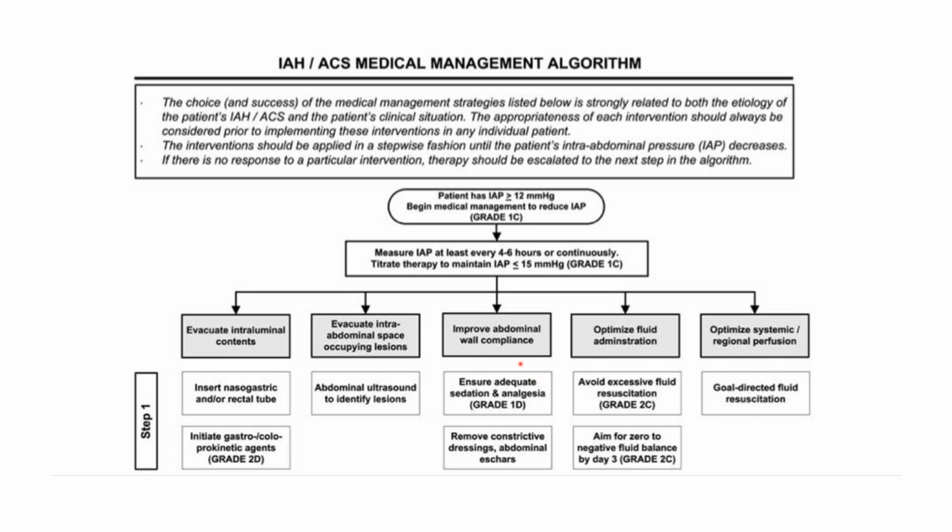And we have to improve the abdominal wall compliance by using adequate sedation and analgesia, and remove constrictive dressings if this patient is from abdominal surgery and there is an abdominal constrictive dressing. We have to remove it in this patient.